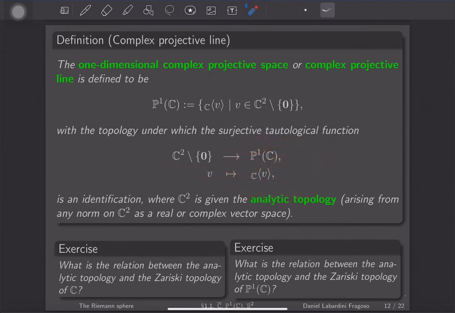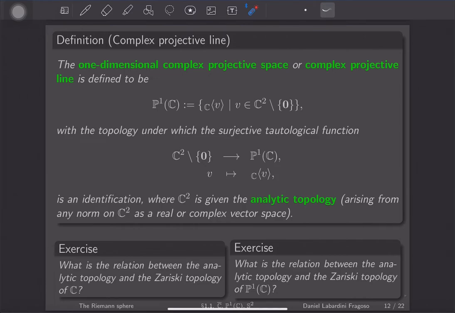But that's kind of a silly topology, because I don't gain anything. Then I say, you better put more opens. You start putting more opens, and the only thing you have to be careful about is that whenever you put one more open set, you want the inverse image to be open.